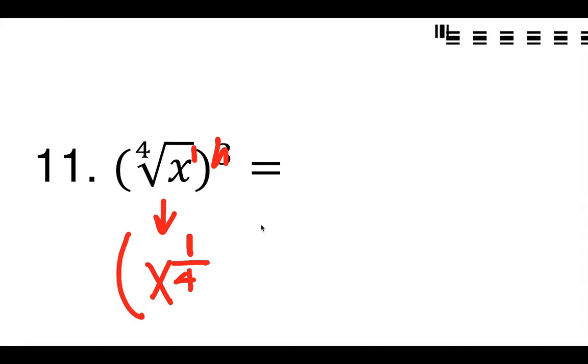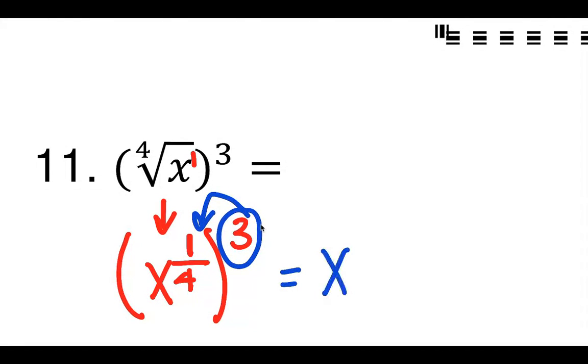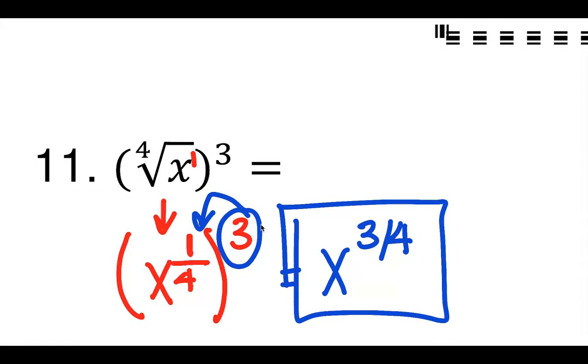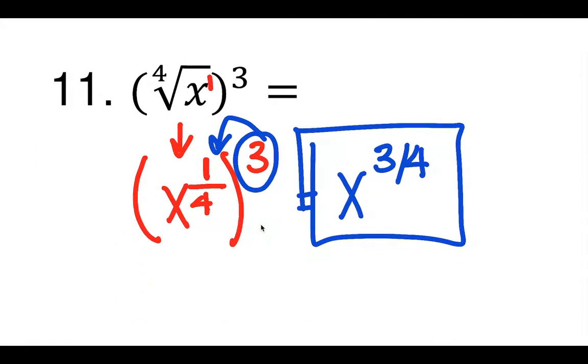Now that I have this, I'm taking this whole thing and doing it to the power of 3. So now I'm taking this exponent, and I've got X to the 1/4 times 3 is 3/4.